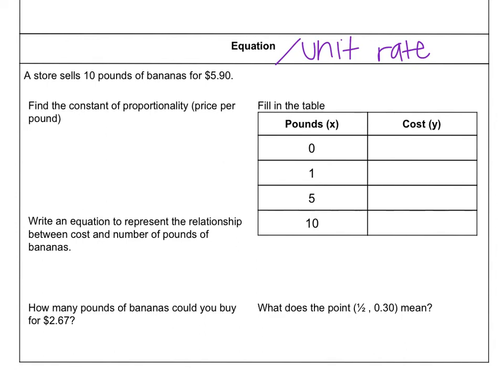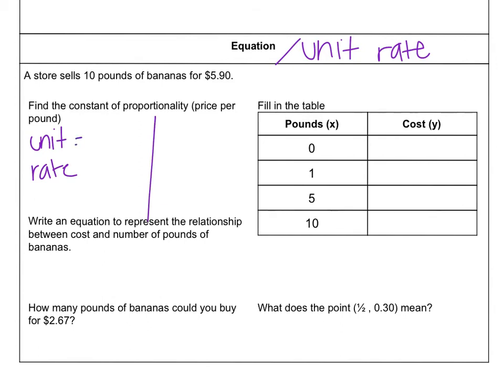Okay. So a store sells 10 pounds of bananas for $5.90. Find the constant of proportionality or the price per pound. So if I wanted to find the unit rate, let me split this into two.